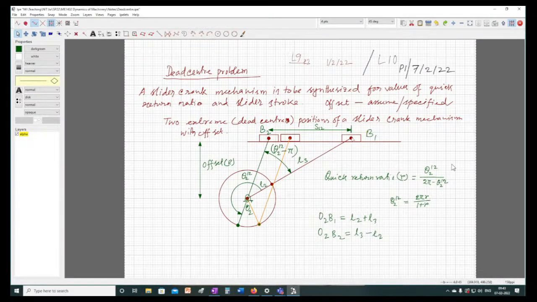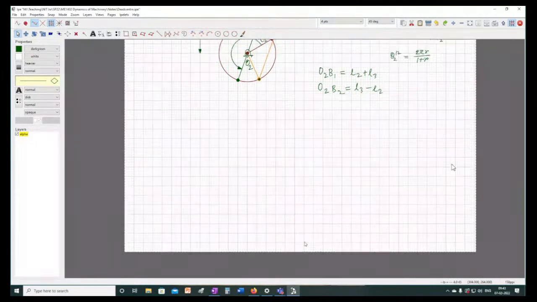The first information is that from this point to this point, the stroke length S12 is given, and the offset E may be given. Then we have to find out the link length L2 and the link length L3. Also, we need to find out where the center is, because we can just locate these points B1 and B2. The rest we need to locate. That is the problem, and we are going to solve that problem in this class.